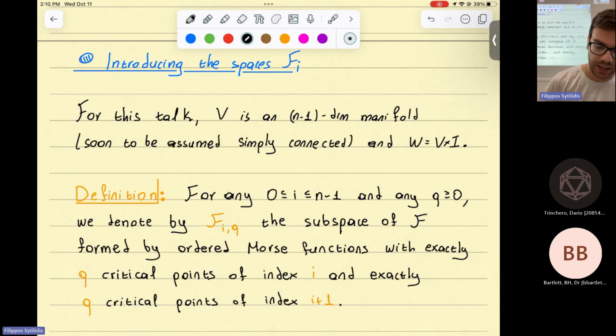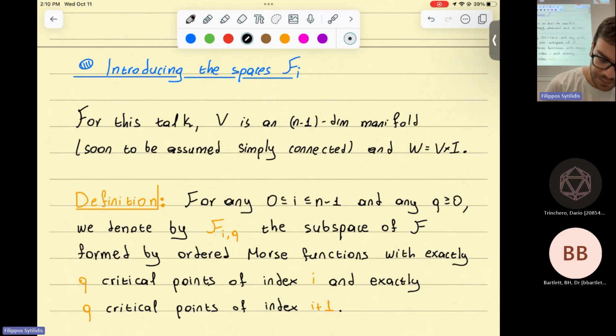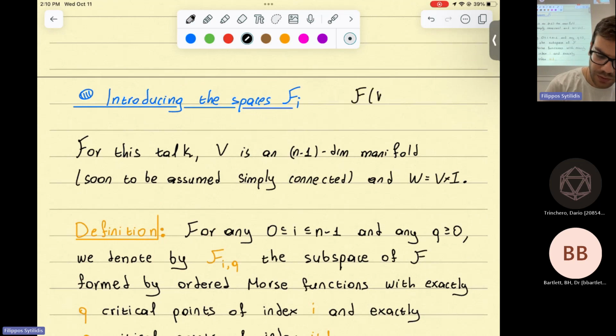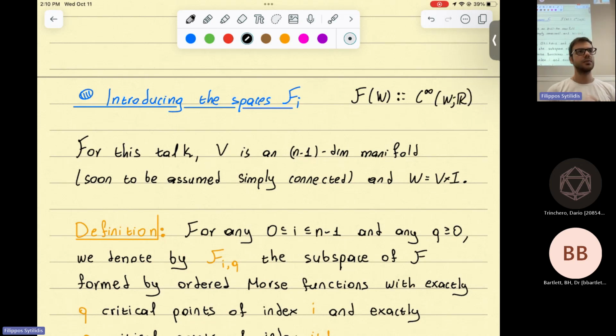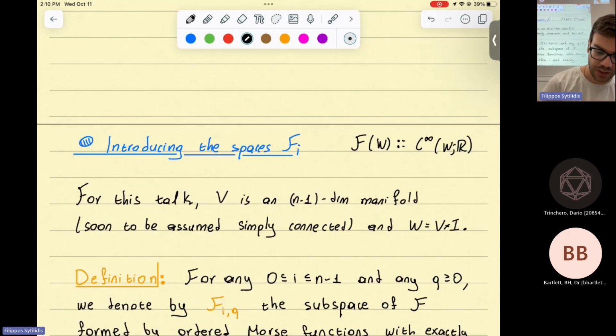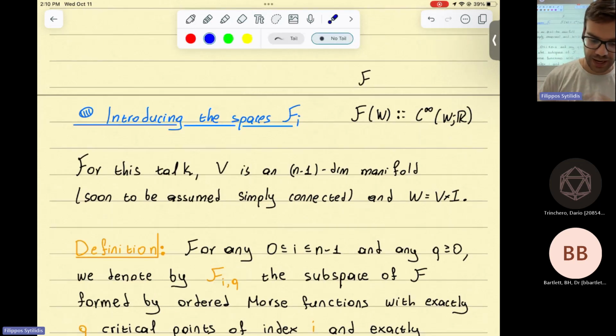If you remember, I had introduced this notation where curly F of W is the space of all smooth real valued functions on some manifold W. So now for this talk, I will just be denoting that as curly F, and whenever I just have a curly F, you should assume that the input here is W. And usually there's going to be curly F with some kind of decorations, either as an index or as a sub-index.